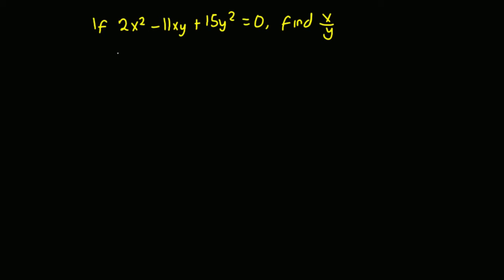Alright, so first of all, we are to examine this equation critically. Because the right hand side is equal to 0 and the highest exponent of x and y is 2, this is a quadratic equation.